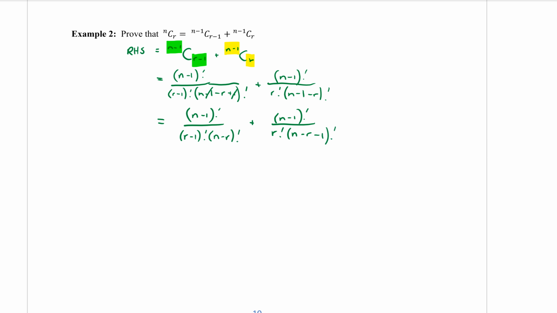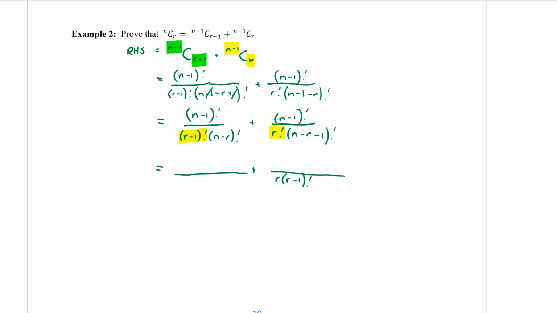Now, looking at the denominators, the r minus 1 factorial and the r factorial are very similar. If I unroll the r factorial, for the second fraction I'm going to get r times r minus 1 factorial.